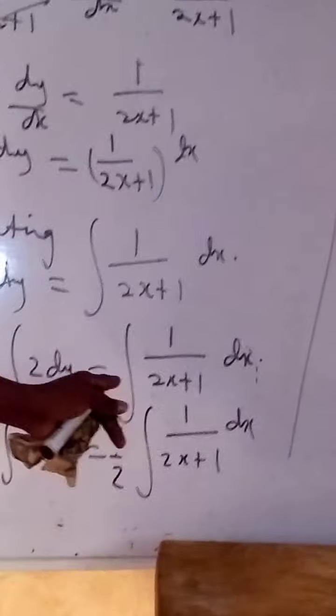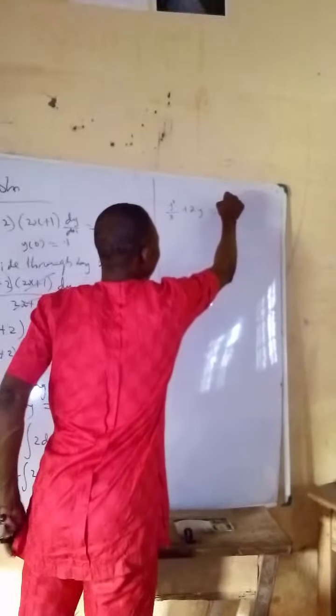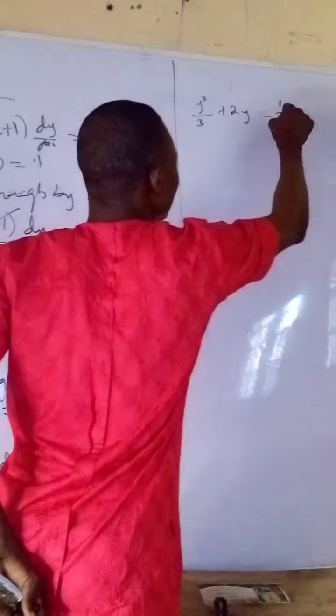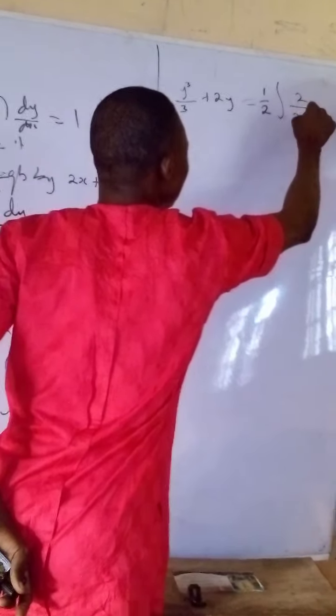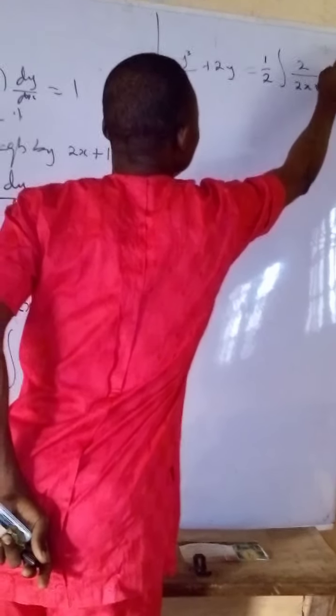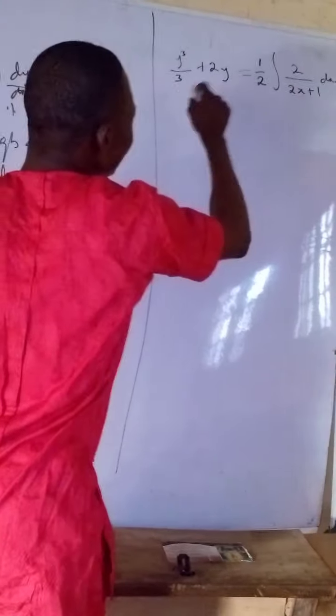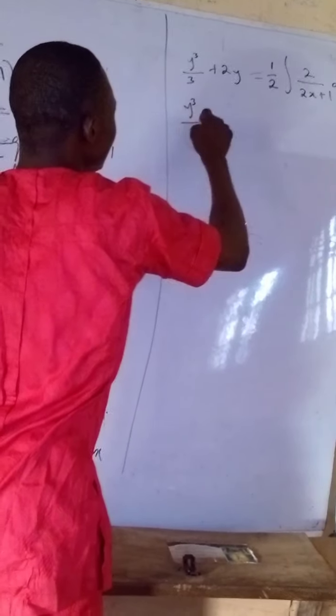Here, we can push in the 2. If we push in this 2, we'll have 1 over 2 times the integral of 2 over 2x plus 1 dx.